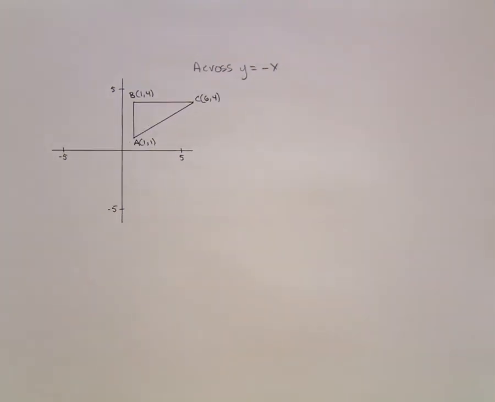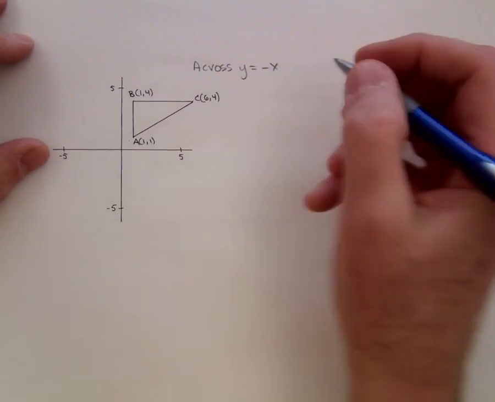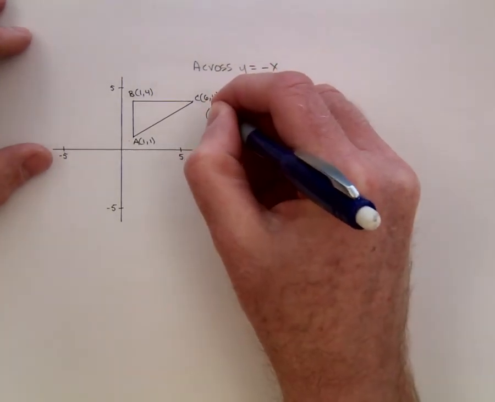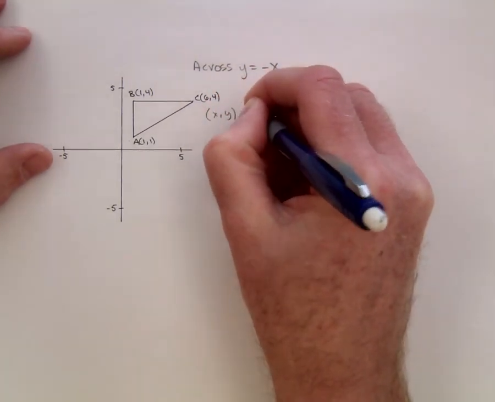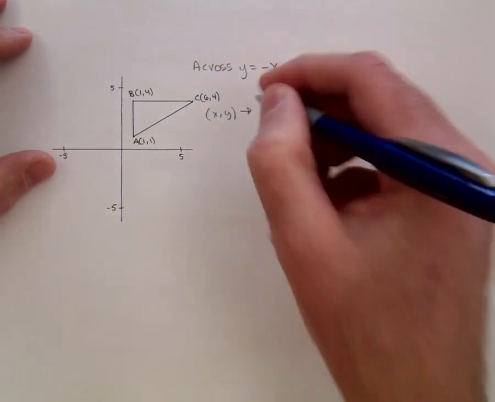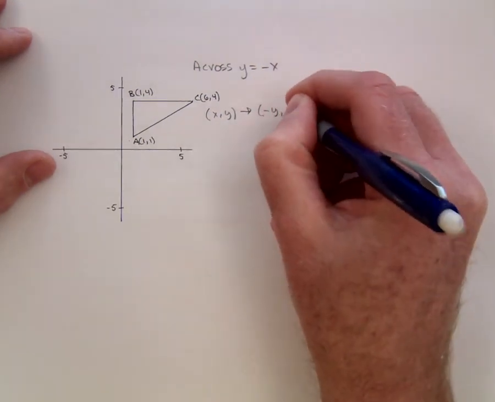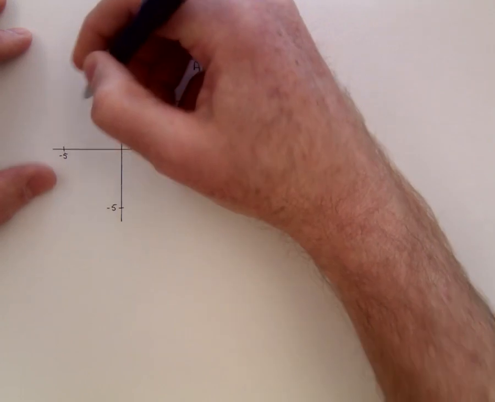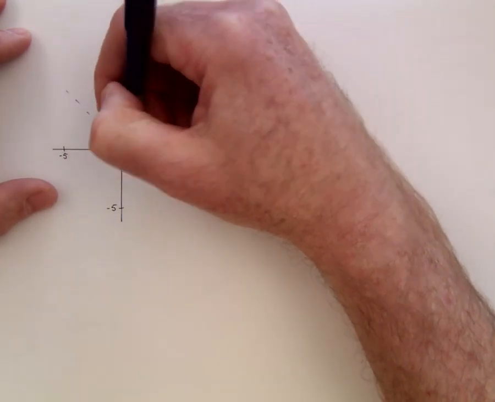If you're going across y equals the opposite of x, we saw back in the day that that goes to the opposite of y, opposite of x, and that line looks like this.